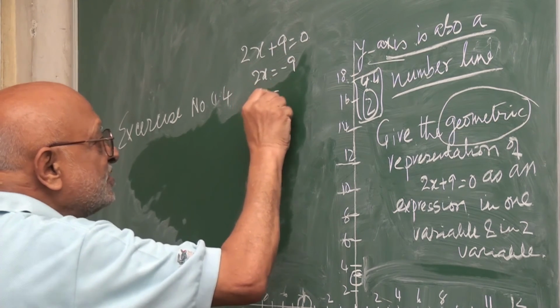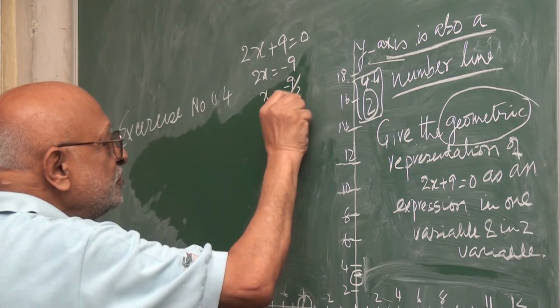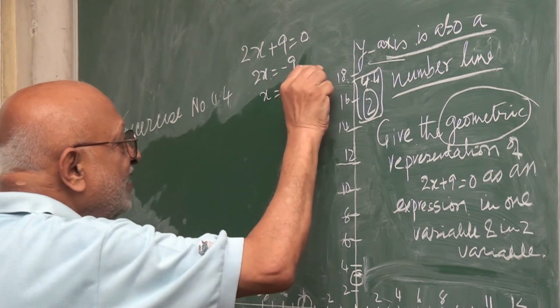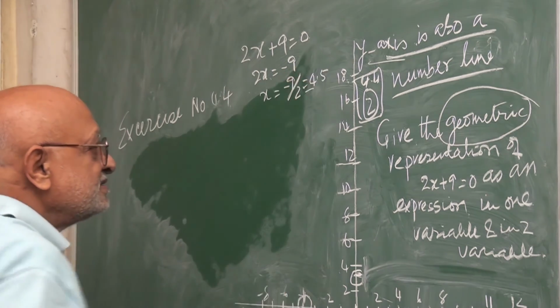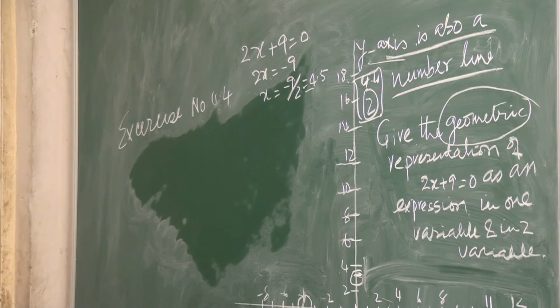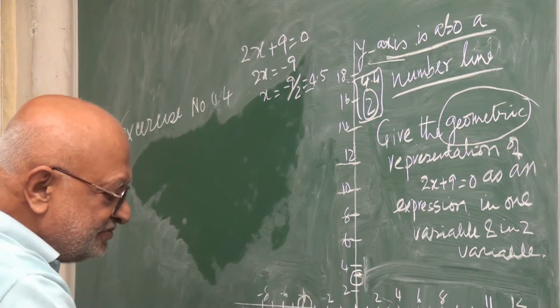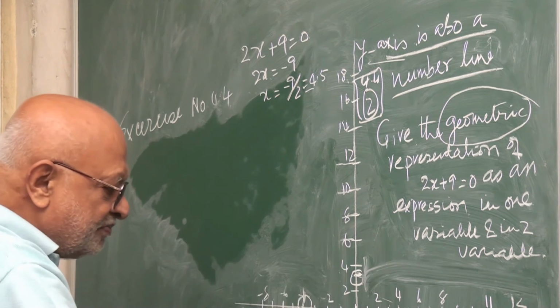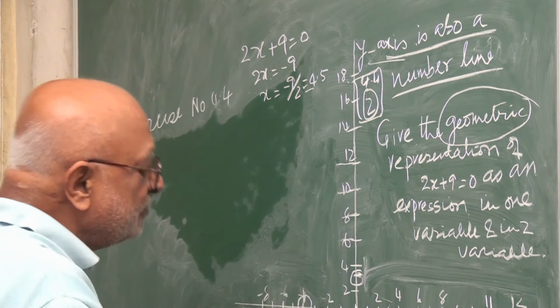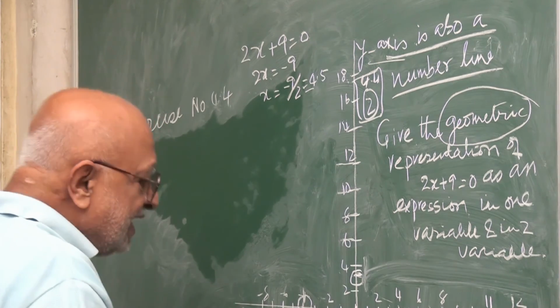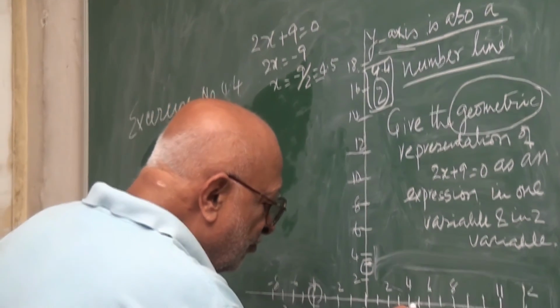So x is equal to minus 9 by 2. That is 4.5 with a minus. Right? Very easy. I can use the same graph. That's why I did not erase the same chart, same graph paper I have produced here. So that x would be here 4.5.